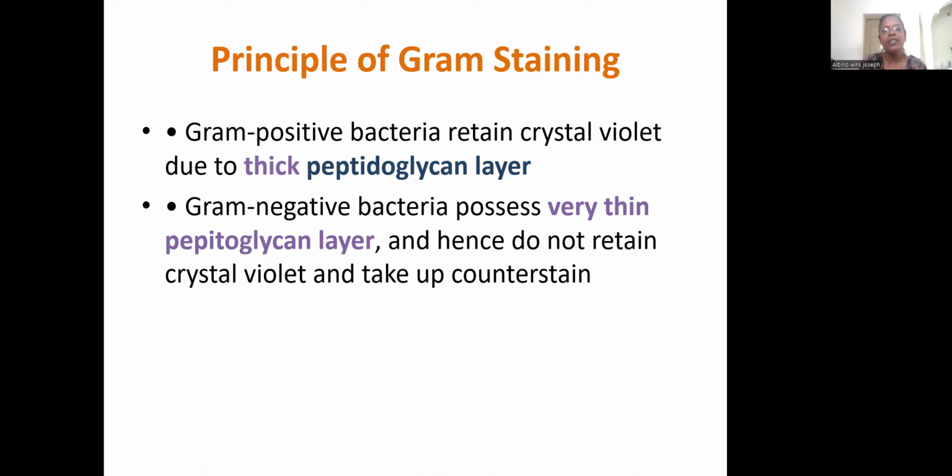Based on this cell wall component, while performing gram staining, the gram-positive bacteria will retain the color of the first stain, that is crystal violet, and the gram-negative bacteria will retain the last stain, that is the final stain, safranin. Hence, the gram-positive bacteria will be violet or purple, the color of crystal violet. The gram-negative bacteria will be pink, the color of safranin.